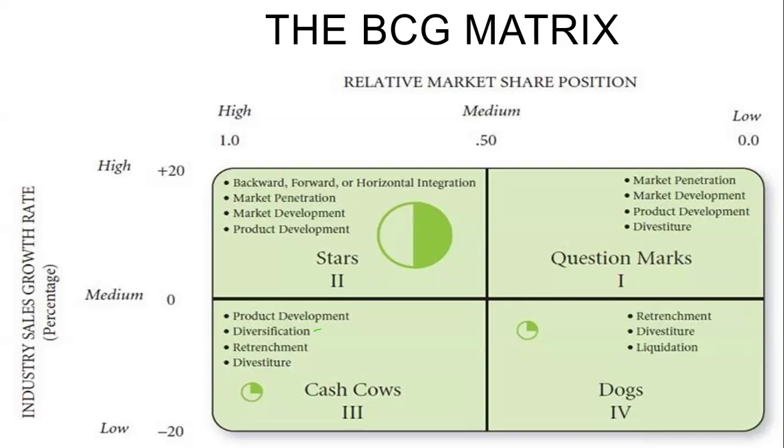Very good. So with the divisions or product lines that are characterized as dogs of the parent company, the idea is that that particular division has a low market growth rate and at the same time a low relative market share potential.